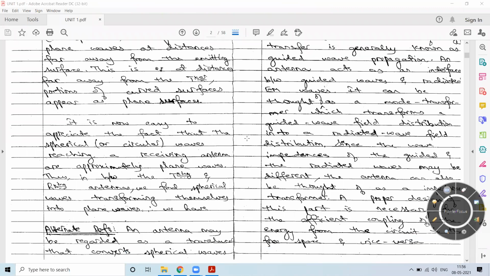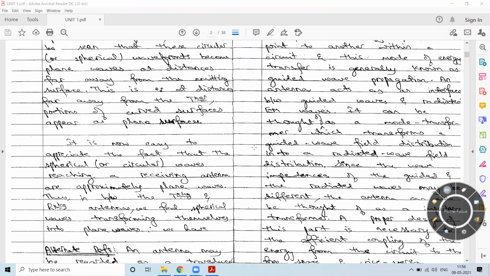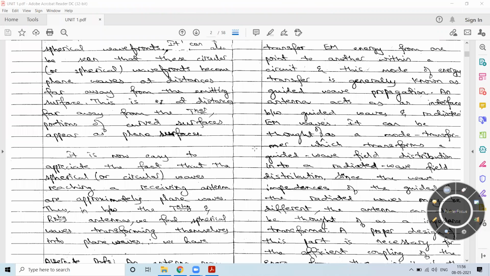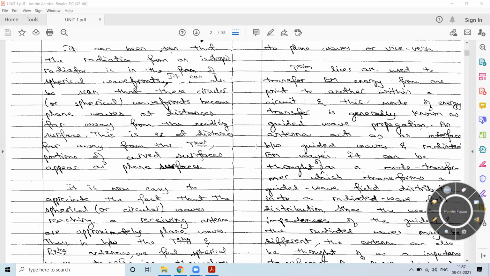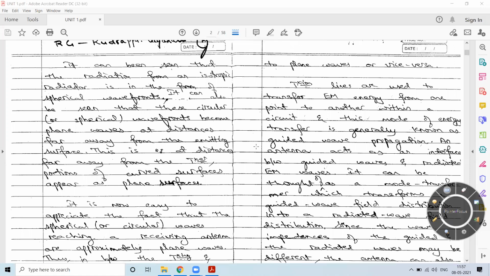Apart from that, an antenna can also be defined as a transducer which converts a guided wave into a transmitted wave, that is, a guided wave into a spherical wave, or we can term it a radiated wave. So there are different definitions possible in this case.